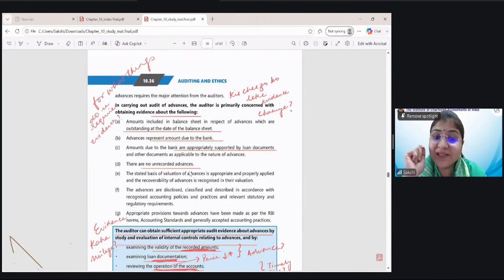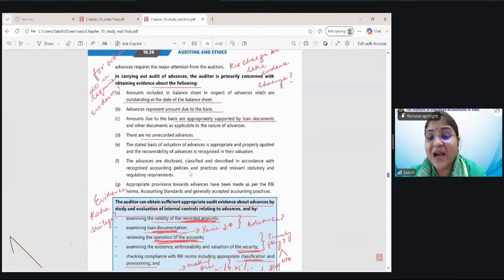Then advances represent amounts due to the bank. That is the right. Amounts due to the bank are appropriately supported by loan documents. See, there are no assertions separately mentioned here in the material. But for your conceptual clarity, I have told you that these are the assertions.